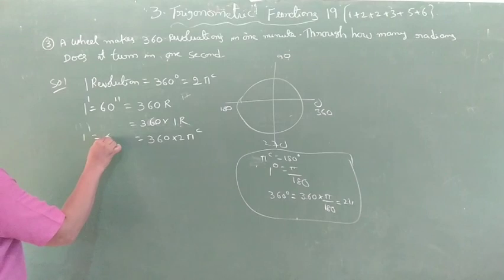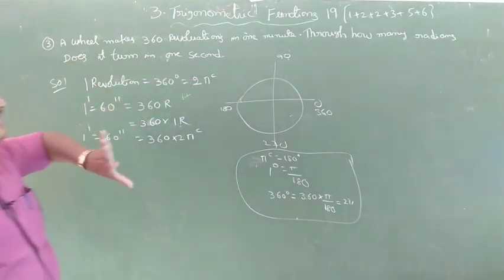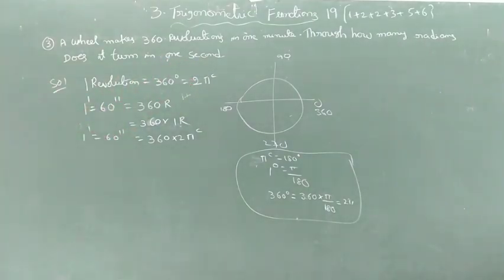1 minute is equal to 60 seconds. What we have to find is how much it turns in 1 second. In 1 second, how many revolutions, in terms of radians?